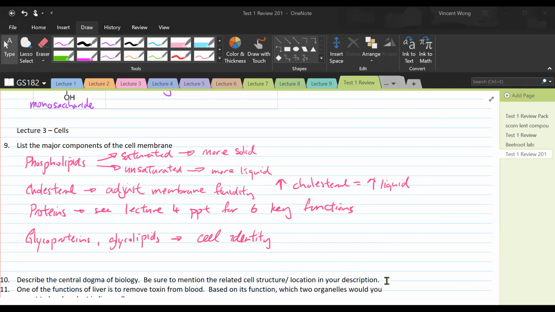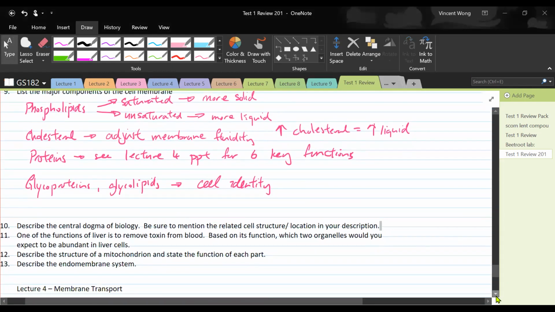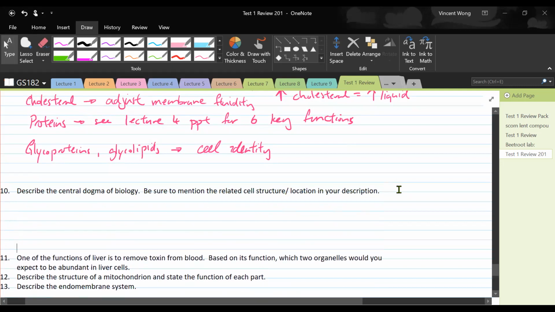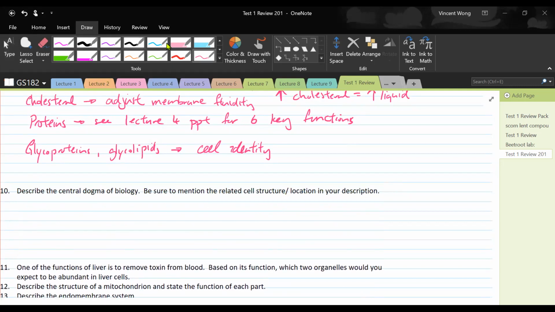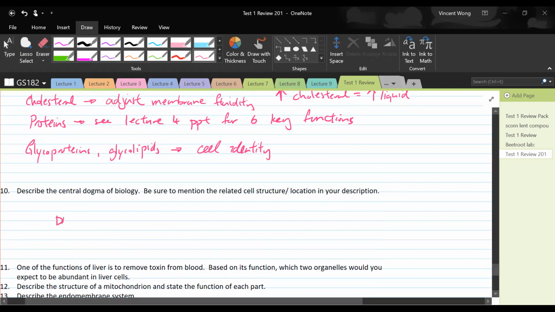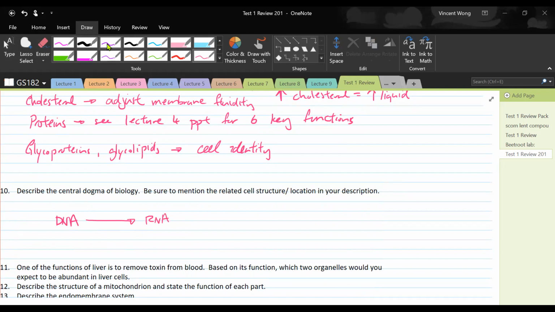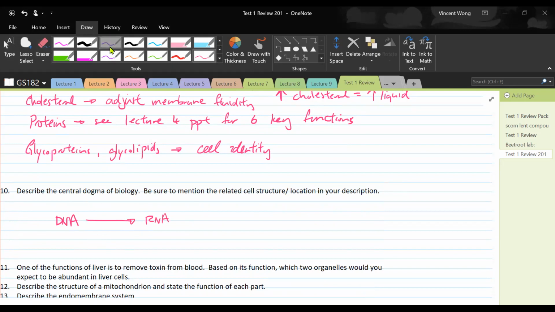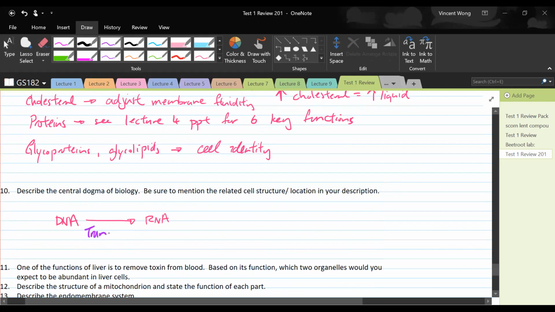Central dogma of biology. That is starting at the DNA. You're going to basically make a copy of the section that you need, and that is called transcription, right?